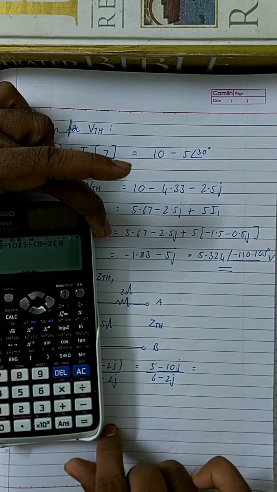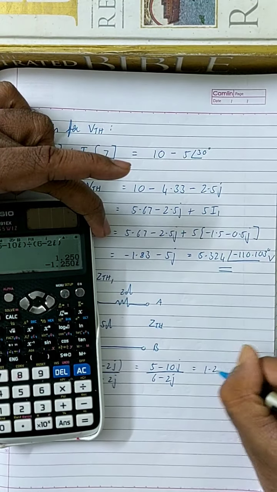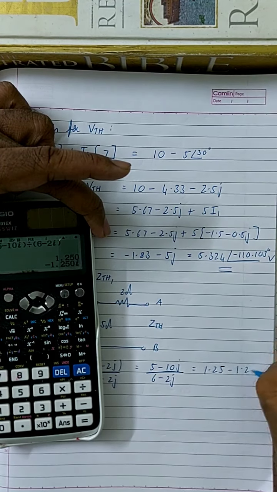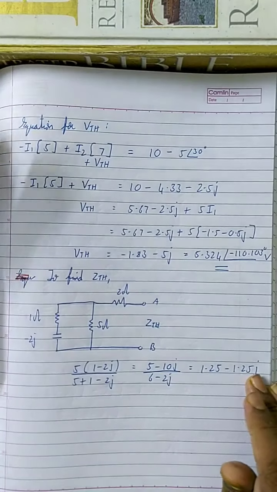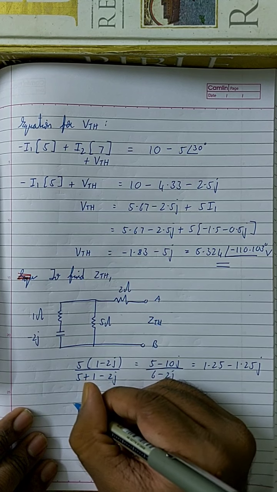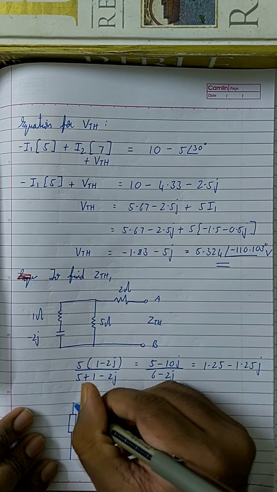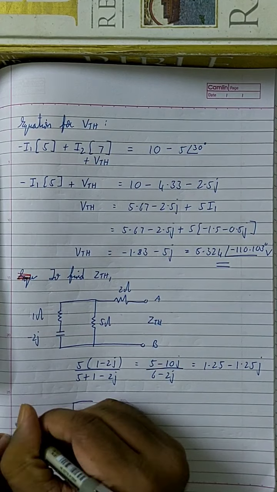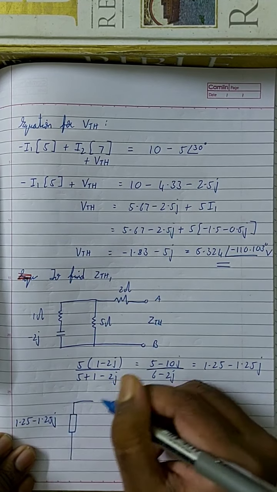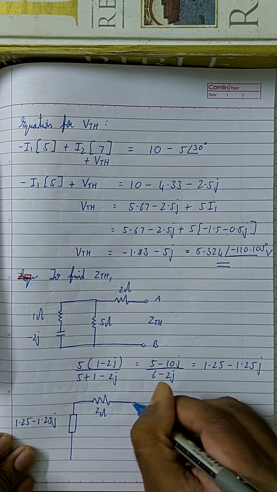Okay, and you will get 1.25 minus 1.25j, which means your new element is like this, 1.25 minus 1.25j, and this is nothing but your resistor, which is 2 ohm.